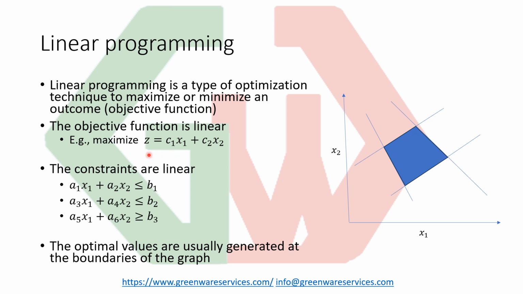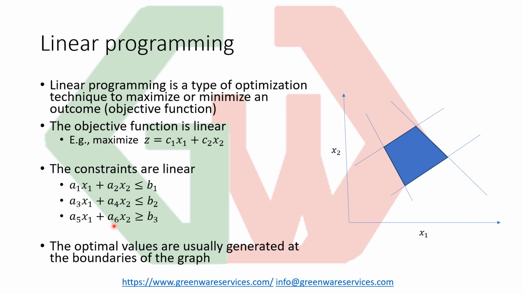They could be a factory's production or a profit. We usually need to maximize or minimize z. This maximization or minimization is under a number of constraints. Those constraints are usually linear functions, such as we list an example here.